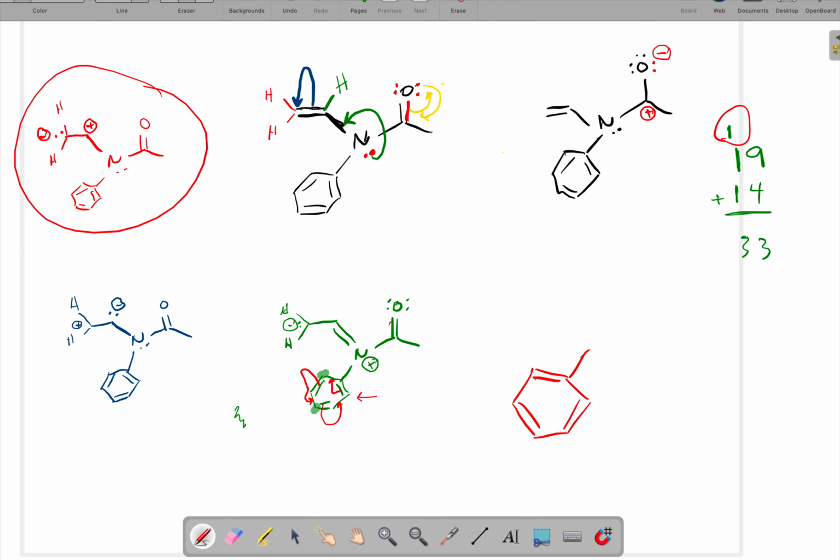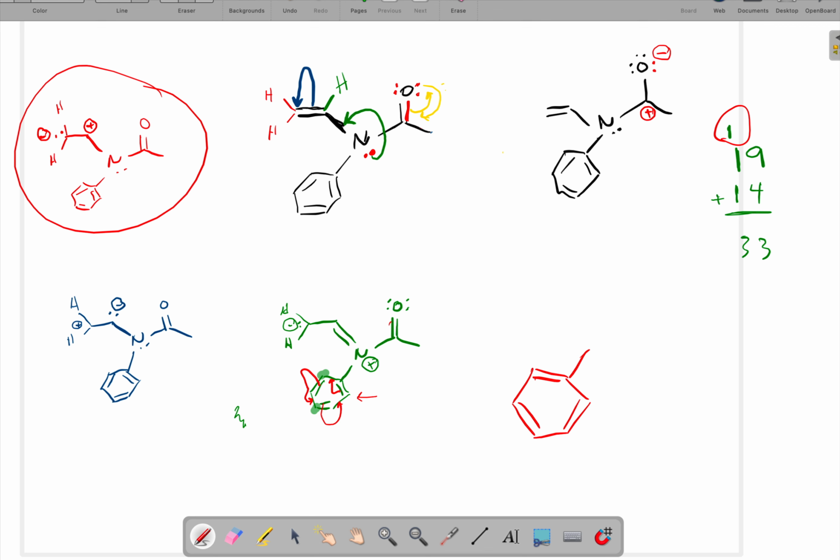What are we doing with this green arrow? We're moving them away. But Mike, you said that's not fair. You can't do that. In the case of the yellow arrows, you're moving them from the bond, not just away, you're removing them from the oxygen. Oxygen has lost all access by doing that action.